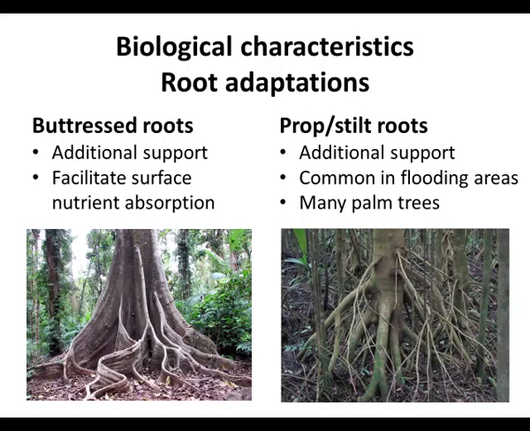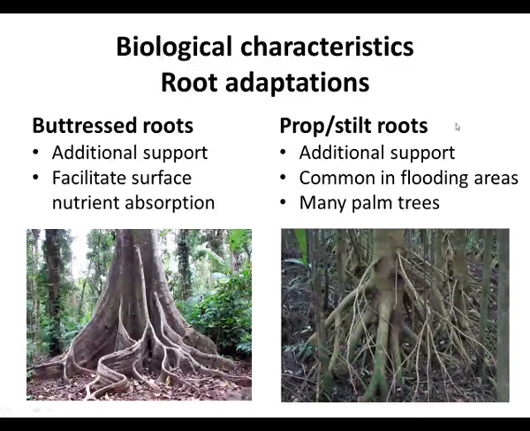So since we are talking about roots, let's talk about some unique adaptations of roots. We will actually see two very unique roots. Buttressed roots are typically large wedge-shaped roots supporting large trees, and they also have these surface extensions, so they can absorb all the superficial nutrients.